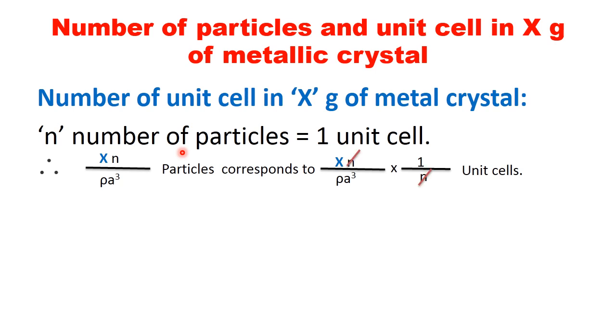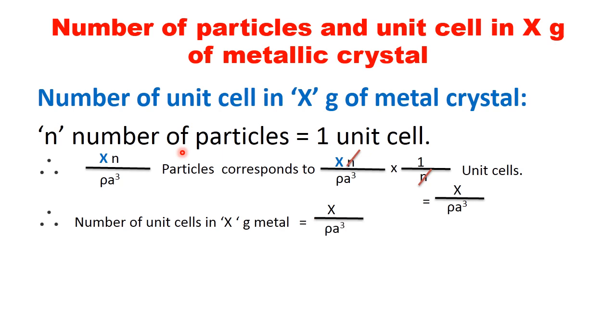Here cancel n and n, so the equation becomes X divided by rho a cube, and therefore the number of unit cells in X gram of metal crystal is equal to X divided by rho a cube, where X is mass of metal crystal in gram, rho is density of unit cell, and a cube is volume of unit cell.